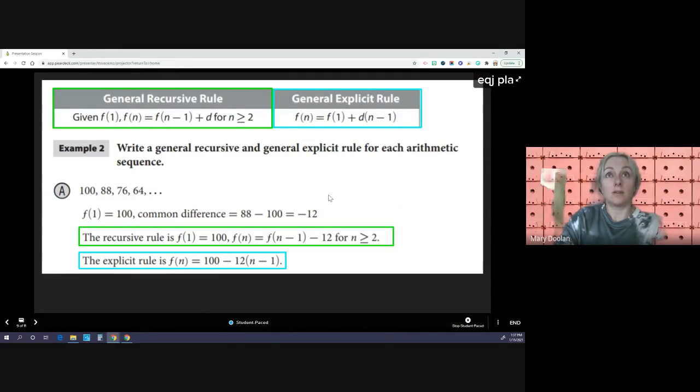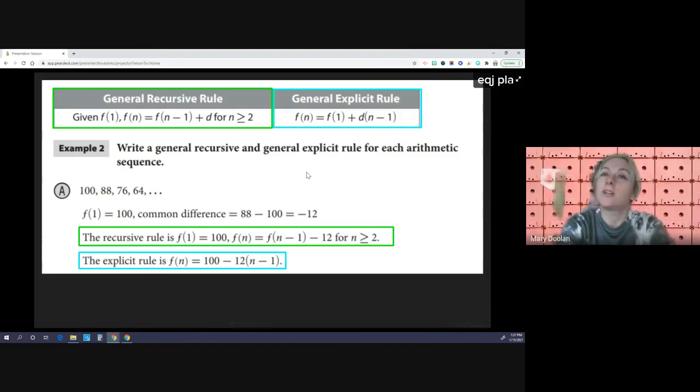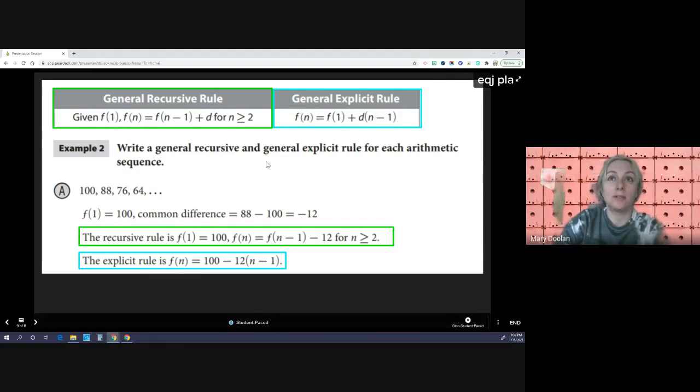All right. And so, when I was making these up for you guys, I haven't done this stuff in a little while, so I was looking at it and thinking, how can I make this clear for you? Because it's a little daunting. So this page right here, up at the top, this green box, this is a general recursive rule.